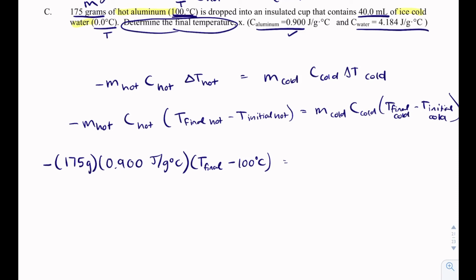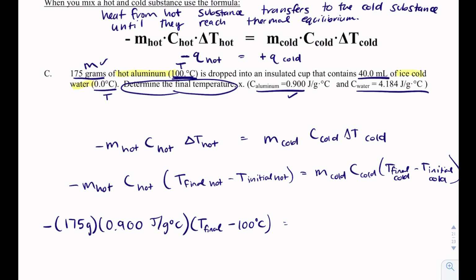The mass of our cold substance, you may say they didn't give us the mass of our cold substance. What we really know is that the density of water, the density of H2O, is equal to 1 gram for 1 milliliter. So this is 40 grams of H2O. The specific heat capacity of water is 4.184 joules per gram degrees Celsius.